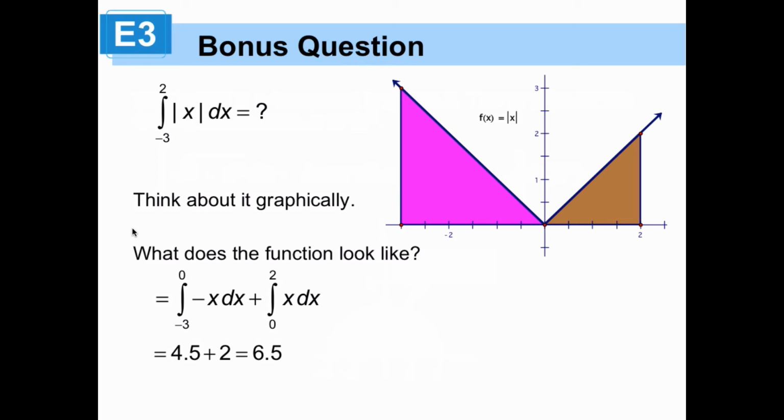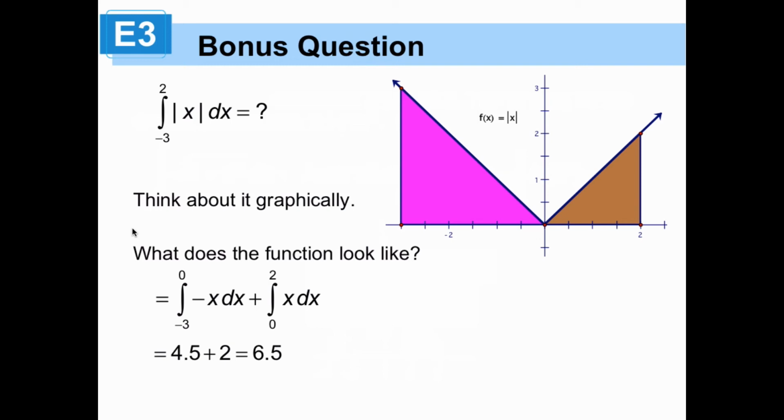How'd you get 4.5? Can you tell me how to get 4.5 and 2?